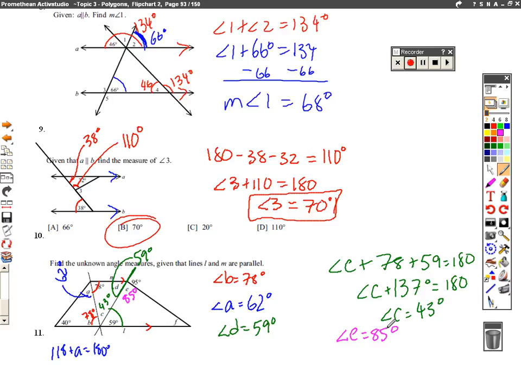And then finally, since we know angle E is 85 and we know this angle is 59, and they add up to make a triangle, 85 plus 59 is 144. And since they all have to add up to make a triangle, that is going to be 180 minus 144, which will just be 36 degrees for angle F down here.